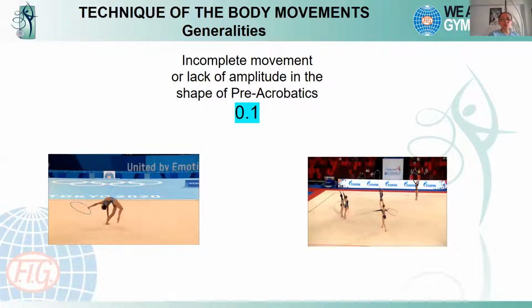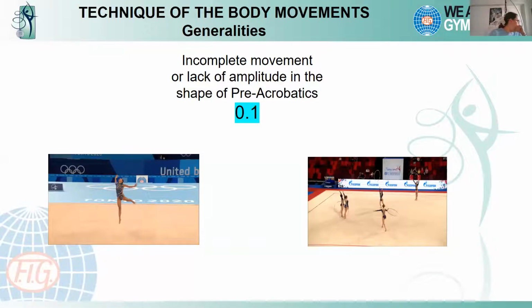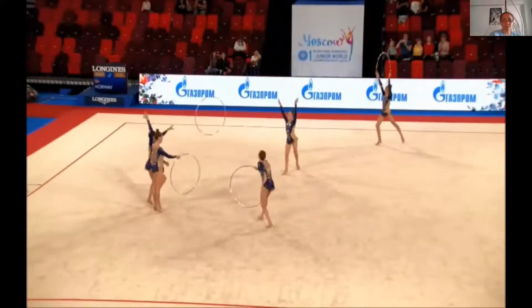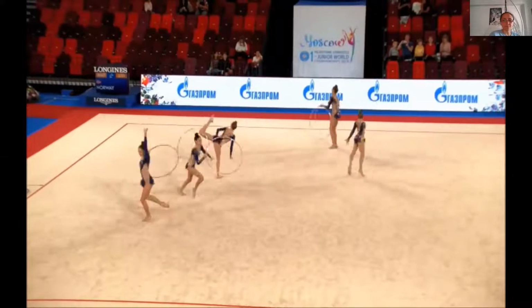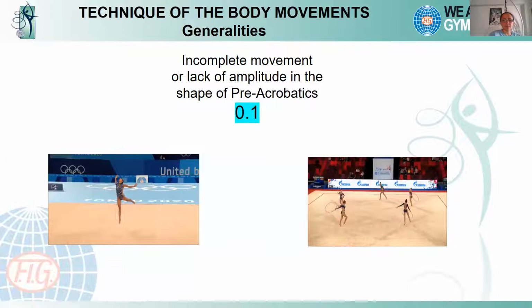Incomplete movement or lack of amplitude in the shape of pre-acrobatics is a 0.1 penalty. You see, all the pre-acrobatics lack amplitude, so it's a penalty 0.1.